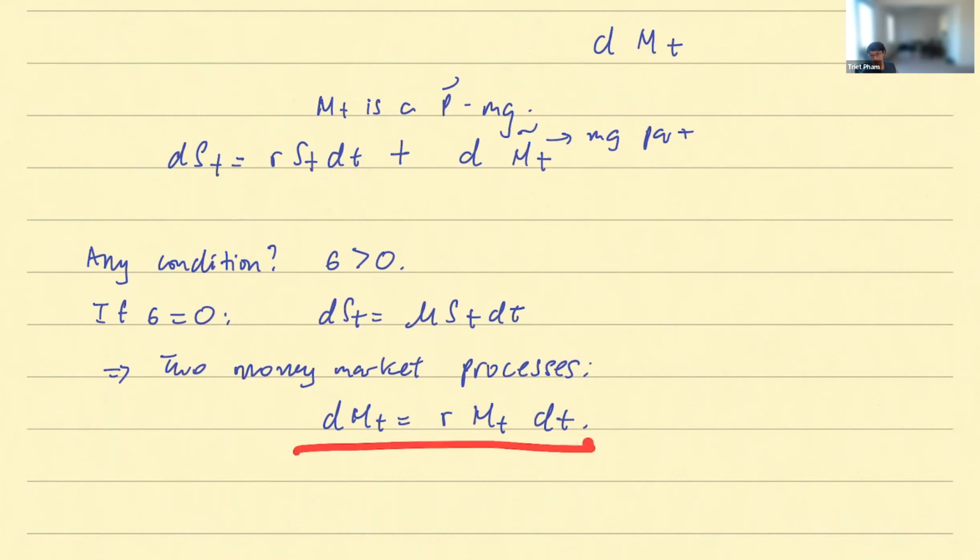There is always this thing in the background, because cash earns interest rate. And if mu is not equal to R, which is the implication here, then you can borrow and lend at different rates. You know what I'm trying to say? So this will result in an arbitrage opportunity. Is that clear?